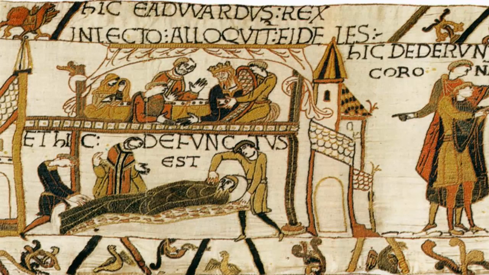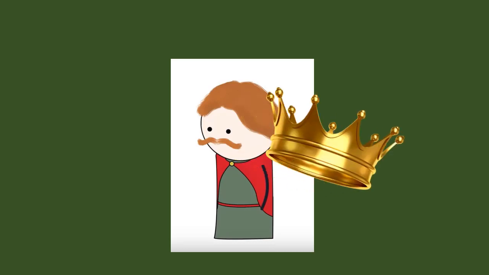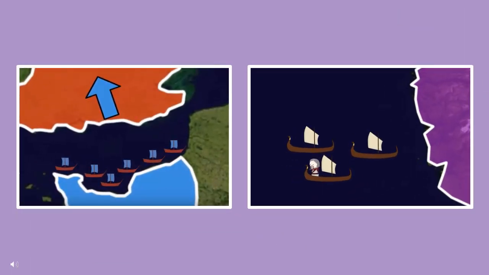Oh, by the way, Edward died. Harold Godwinson decided to get crowned the same day King Edward was buried. William and Hardrada heard the news and they were furious. They immediately began gathering armies and preparing for an invasion of England.